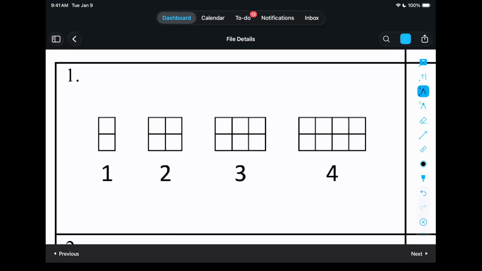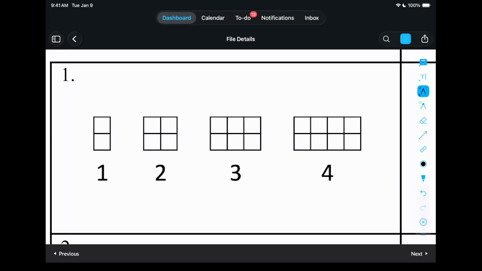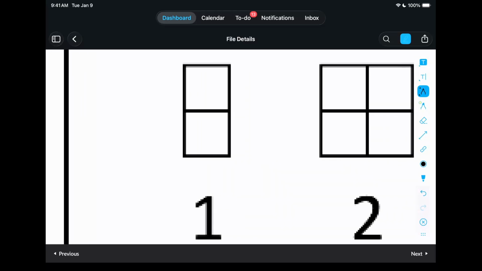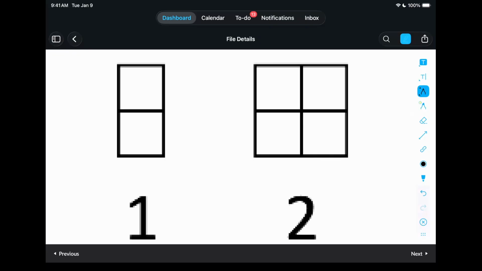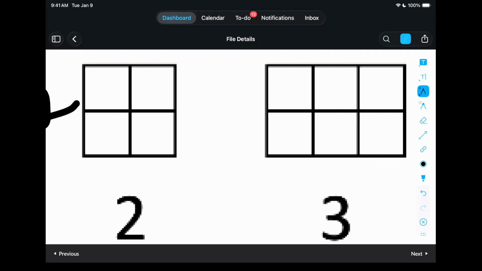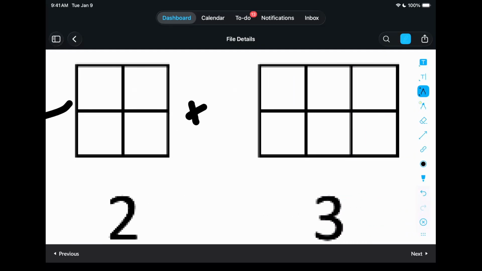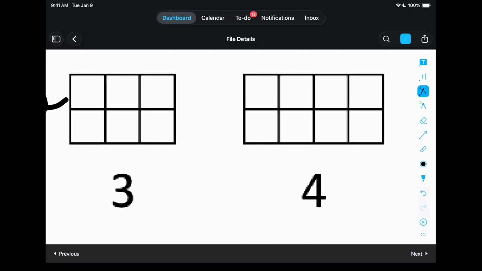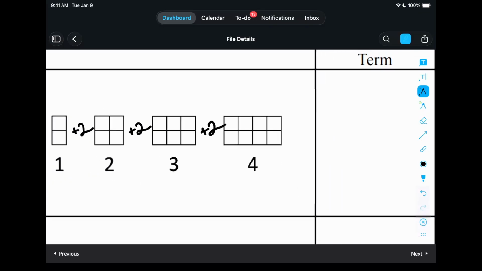Looking at this, how many boxes are being added each time? In our first time, we have just 2. In our second time, we have 4. So here is a +2 increase. Then we have 4, and then we have 6, so it's another +2. 6 and 8 is another +2.